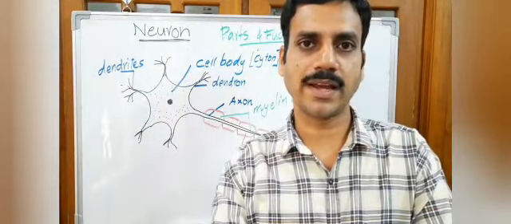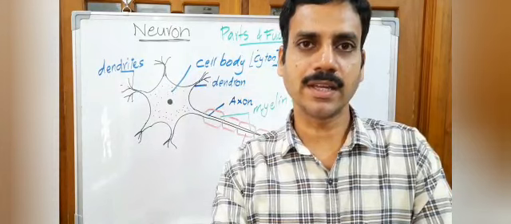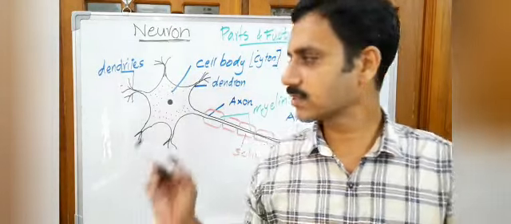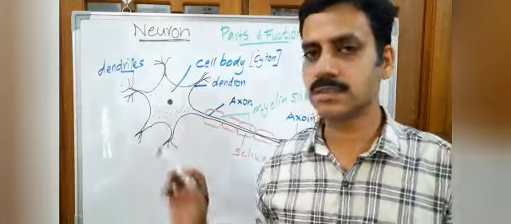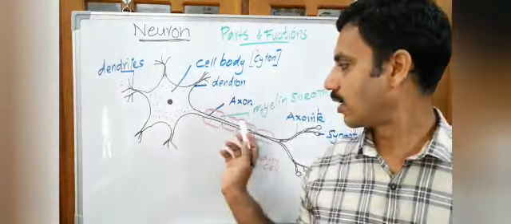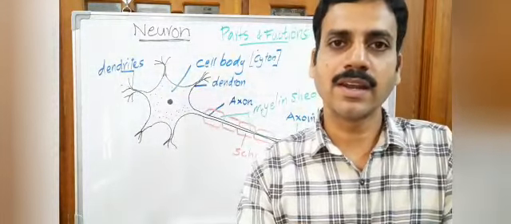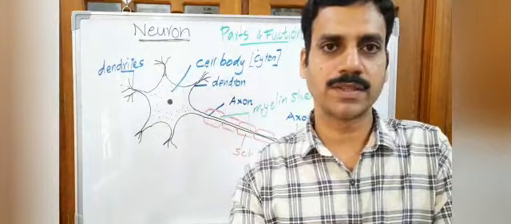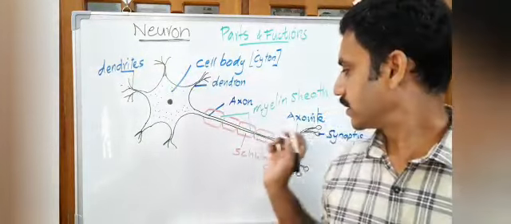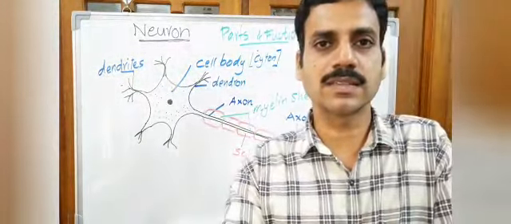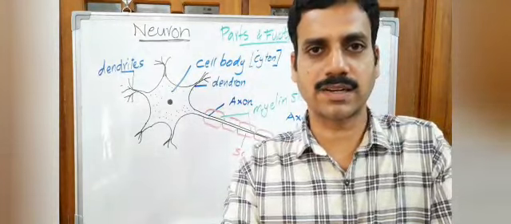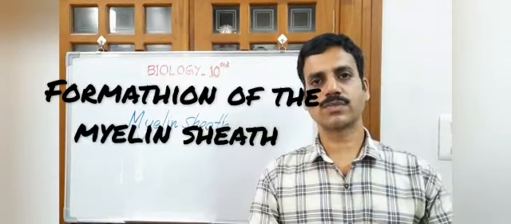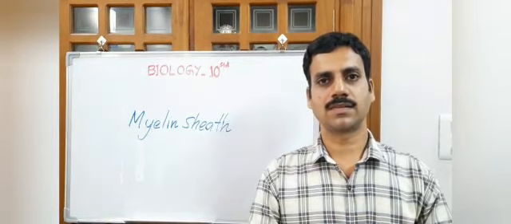Axon carries impulse from cell body to outside. And the next, synaptic knob. Synaptic knob secretes neurotransmitter.